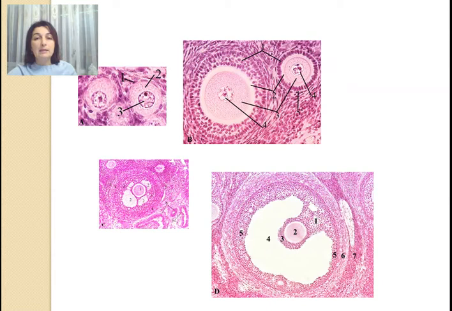Then they migrate into the body of the embryo, and they migrate towards the gonads, which are indifferent, and which develop in the midline of the mesonephros.